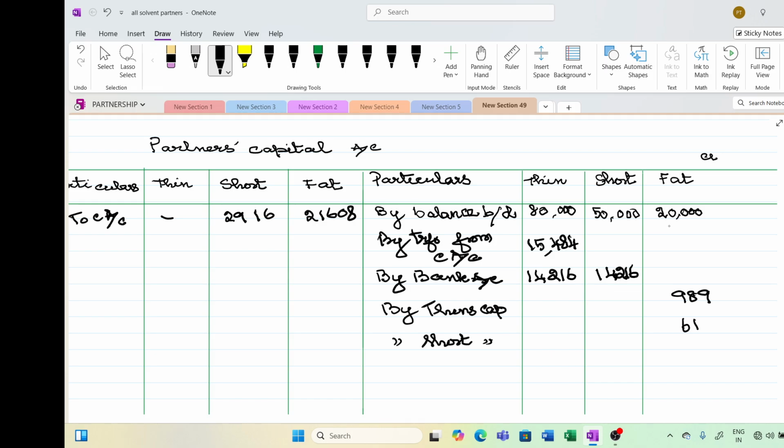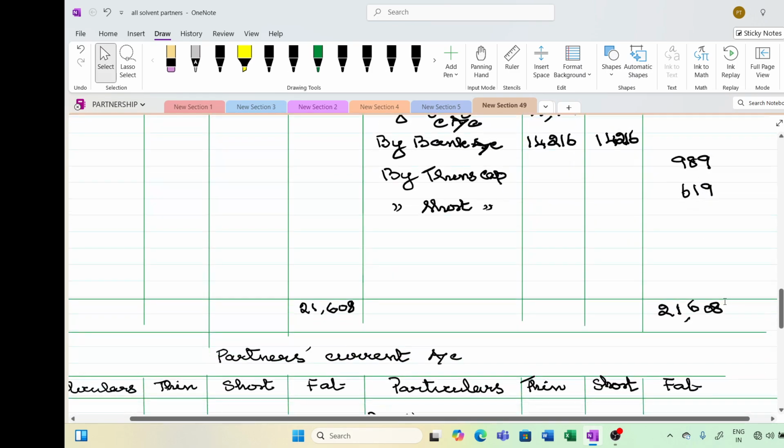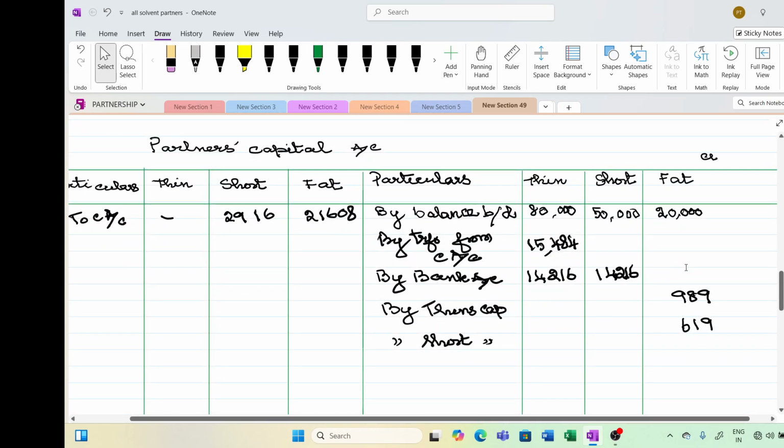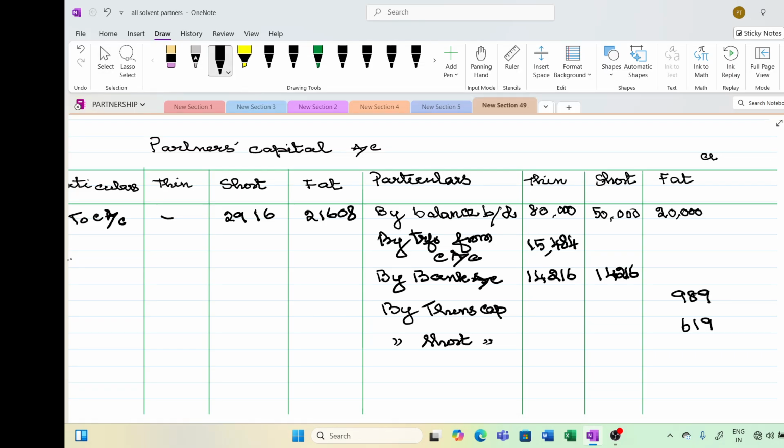Now total this: 989 plus 619 is 1608, and with 20,000 that gives 21,608. So his account is closed. Now we have to debit these fellows to Fat's capital account.